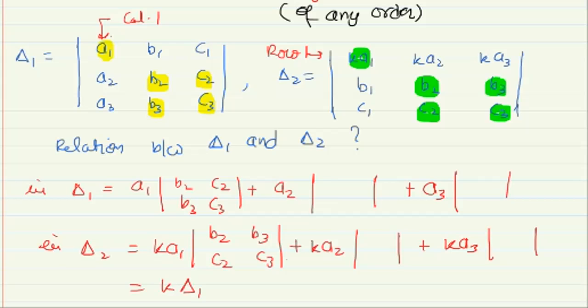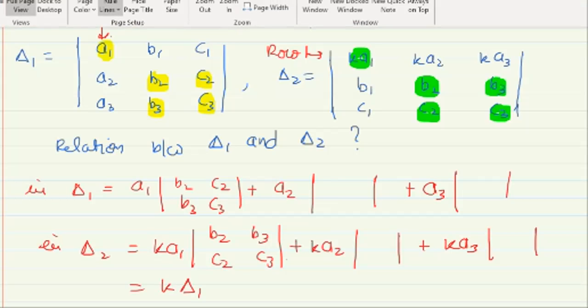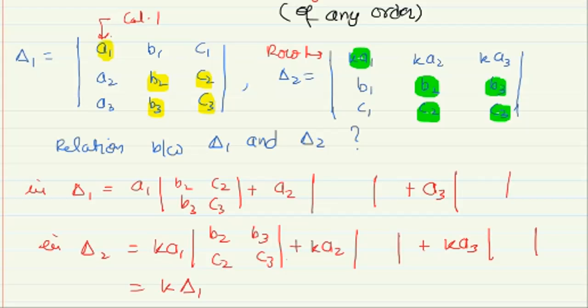We can take k common from delta 2, and it will become equal to k times delta 1, right? So this is the third property regarding determinants.